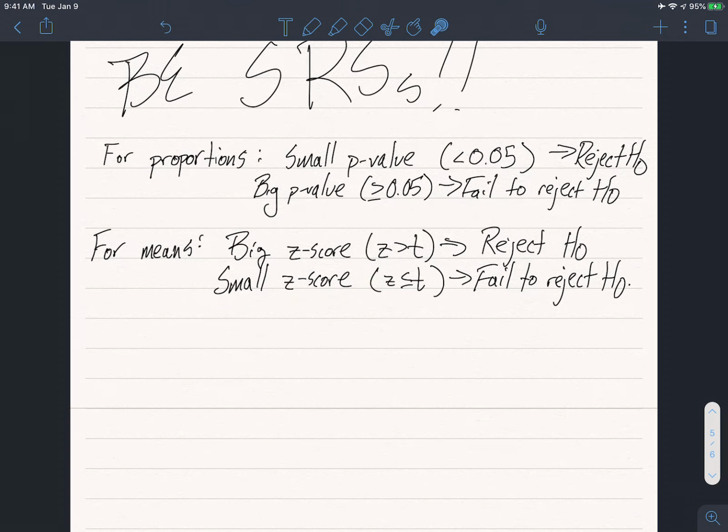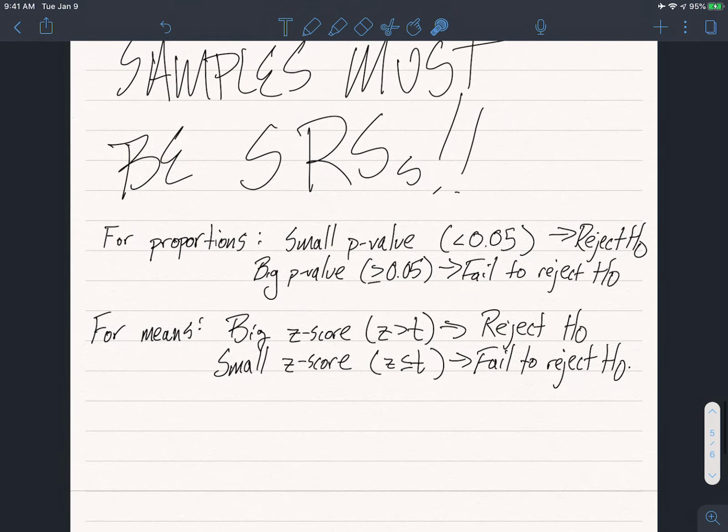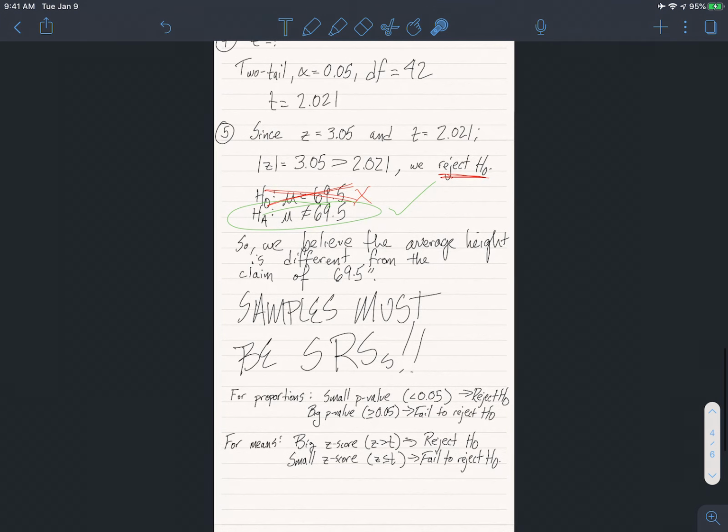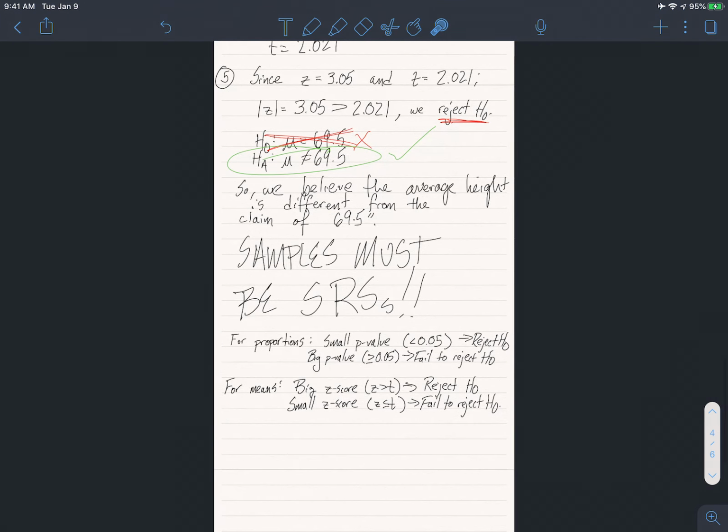Small z-scores happen all the time. We're not really concerned with those. So since small z-scores happen all the time, we don't think anything's wrong with our assumptions. We don't reject H0. So it's opposite. Small p-value, reject. That's for proportions. Big z-score, reject. That's for means. And that is hypothesis testing for means and for proportions.